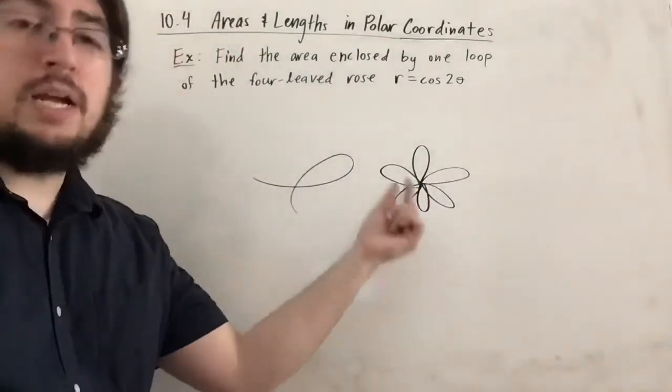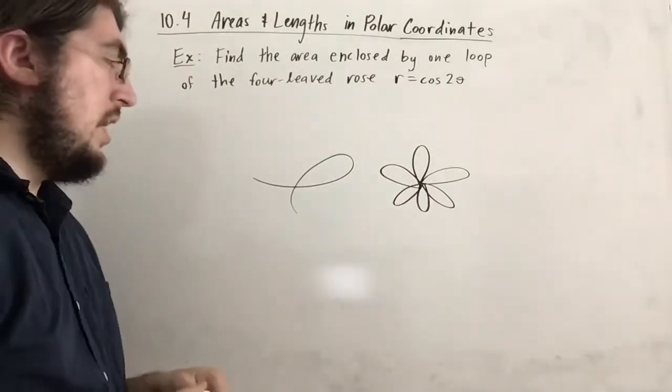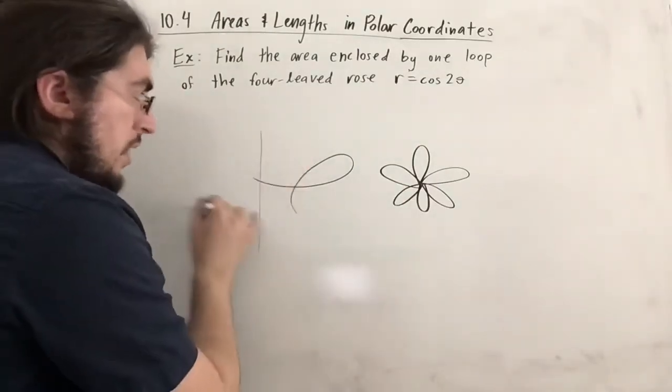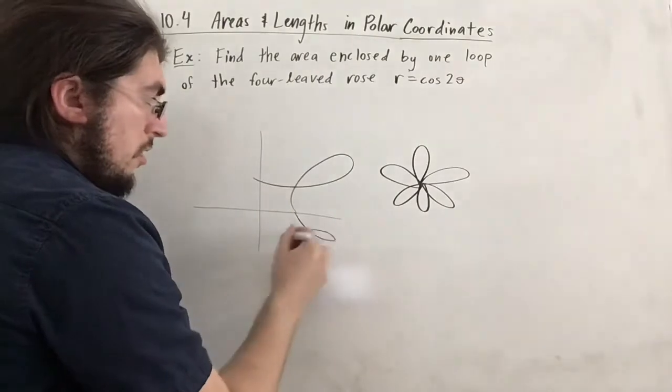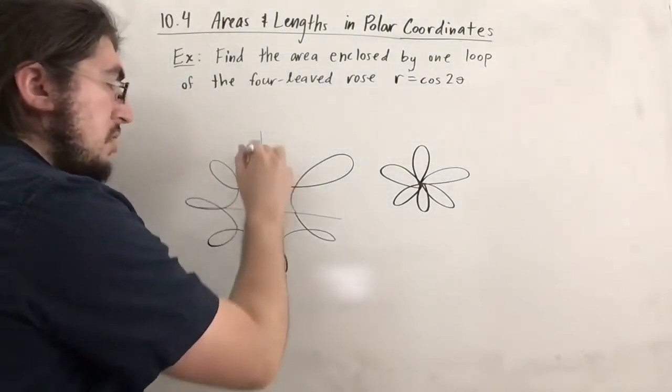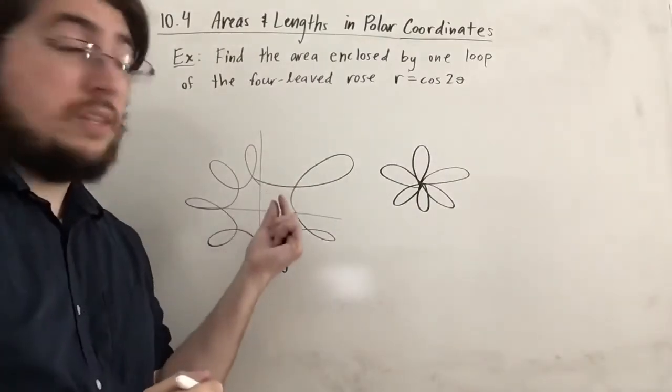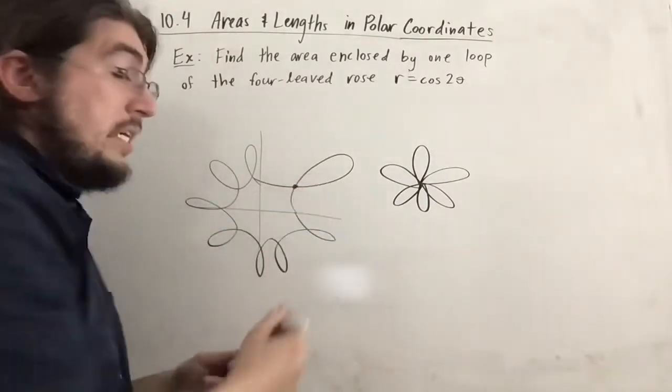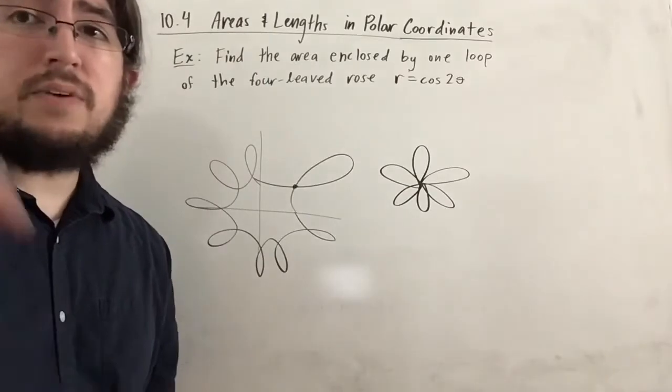That's a pretty bad drawing. It is possible to have a curve with loops that isn't centered at the origin, so each loop doesn't happen at the origin, and then it's really difficult to figure out what's going on.